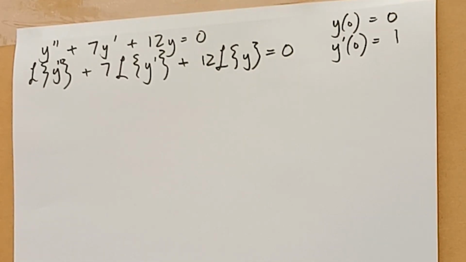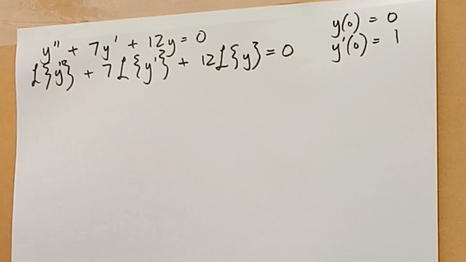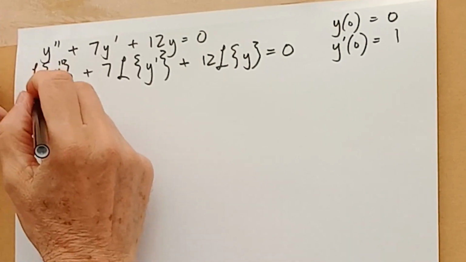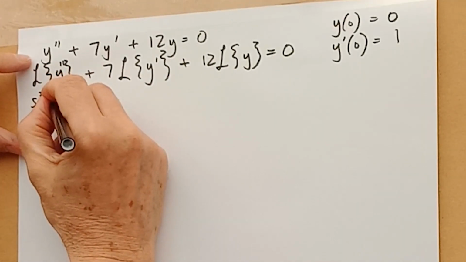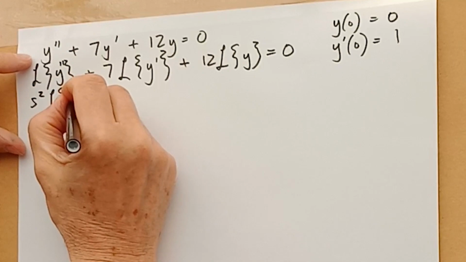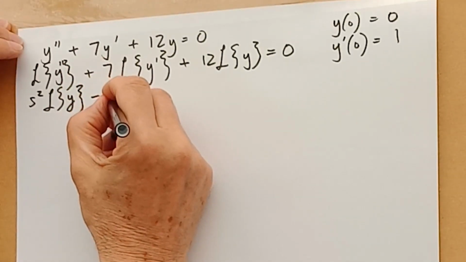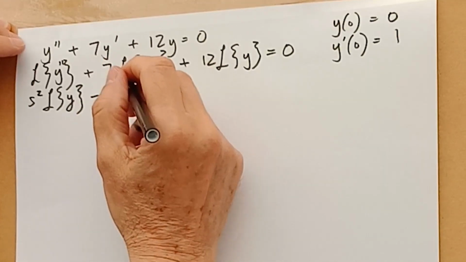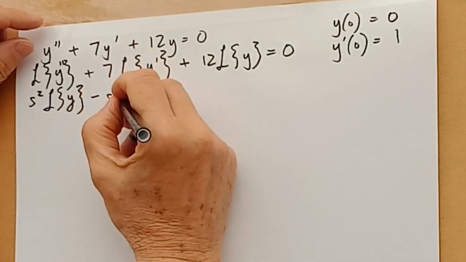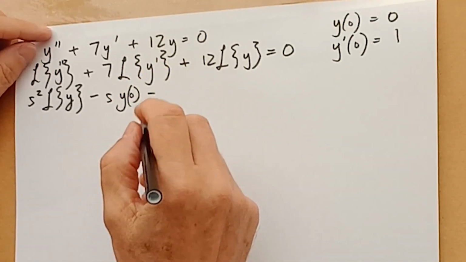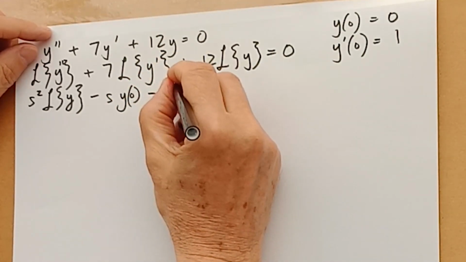Now we go to our formula sheet because we can see the Laplace of y double prime can be written in a different way. It's just s squared multiplied by the Laplace of y, take away s times the first initial condition, take away the second initial condition.